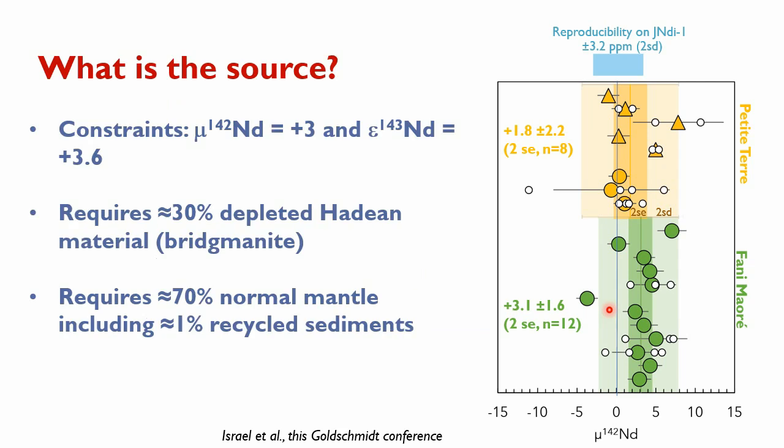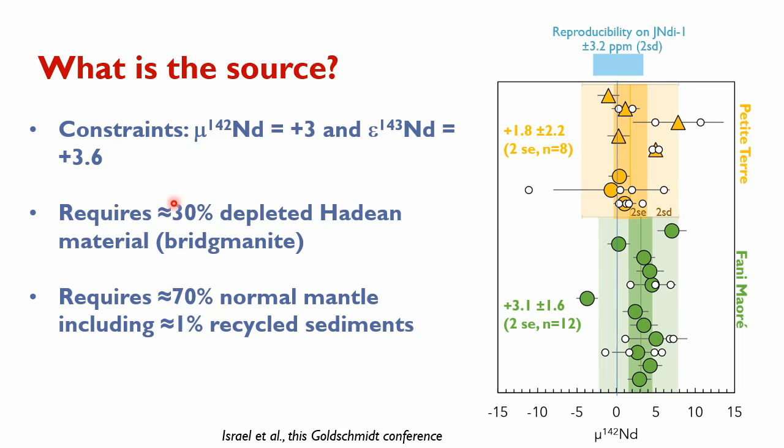So what's the source? We can quantify things, but with two important constraints. The first one is that the positive anomaly in 142 has a value of +3. And at the same time, the 143 neodymium isotopic composition that we also measured, and I didn't show here, is constant, and it's also about +3. So the two constraints have to be combined, and thus require some kind of mixture of various components to explain the two at the same time.